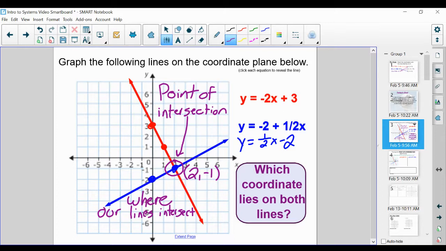So wherever those two lines cross over, that's going to be what's called the point of intersection. That means that coordinate point of 2, -1 is on both of those lines.